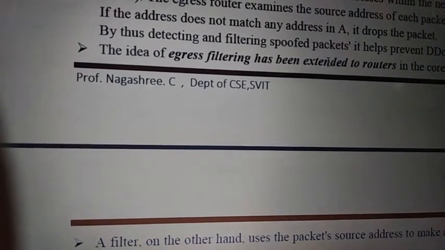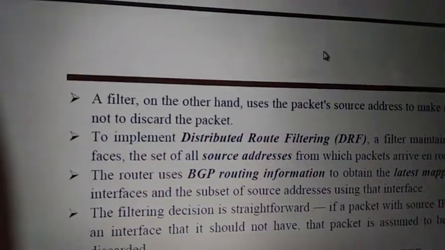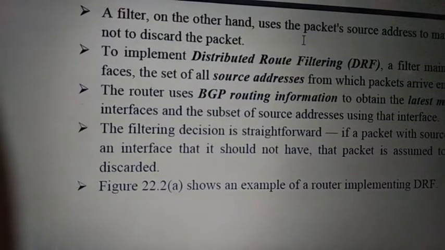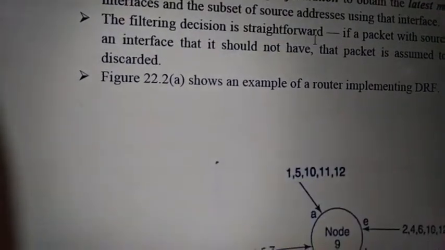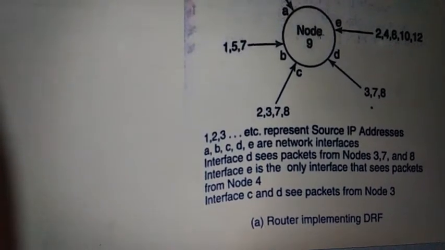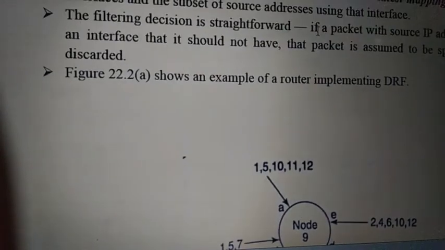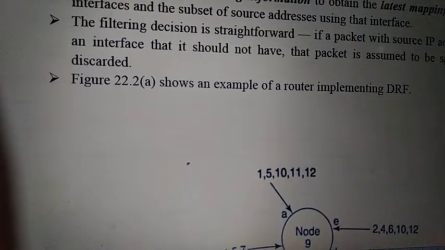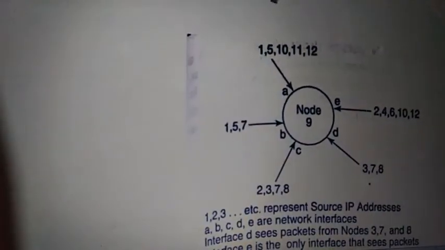It is going to identify whether a packet is legitimate by checking its address, right? See here, this is the scenario implemented in distributed route filtering.